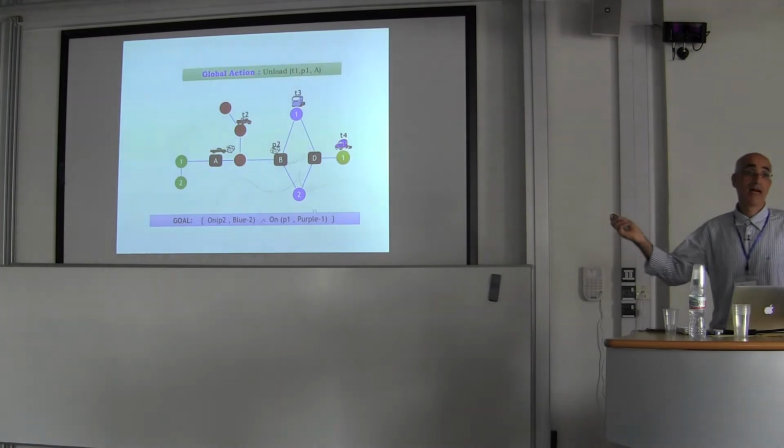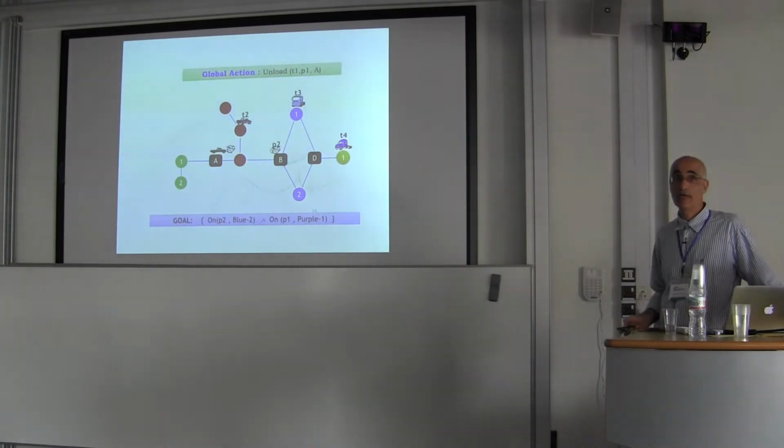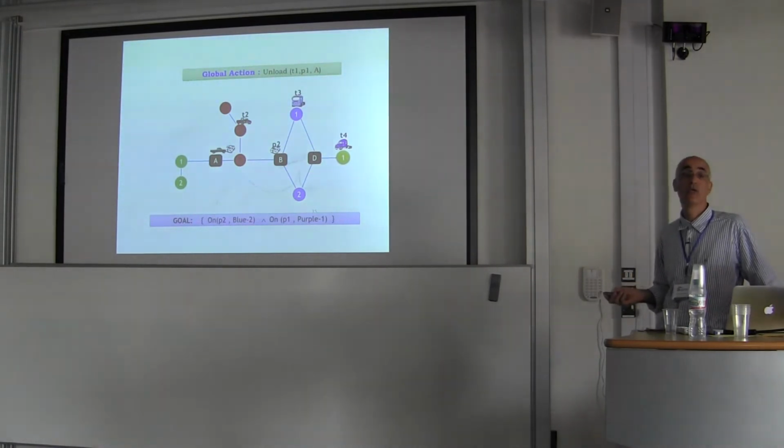So unloading the package at A by truck 1 is a global action. I hope that the notion of local and global propositions or facts and local and global actions is clear.